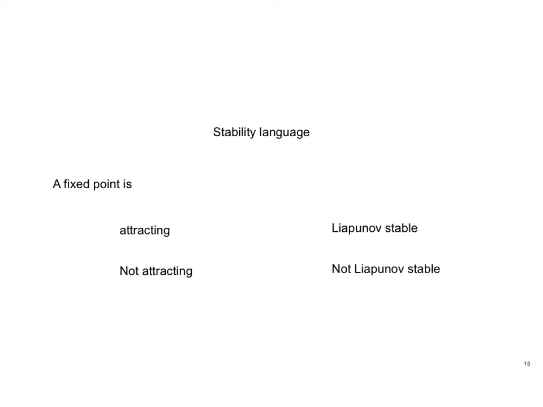So what is Lyapunov stable? Imagine you have here a given fixed point, for example in here at the origin, and you place yourself super close to this fixed point. So imagine an epsilon distance if you want.